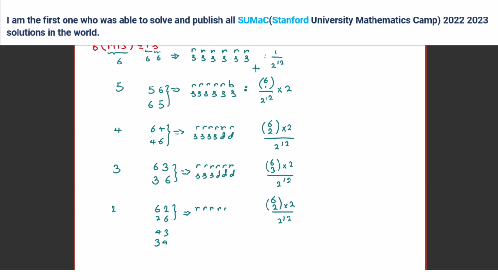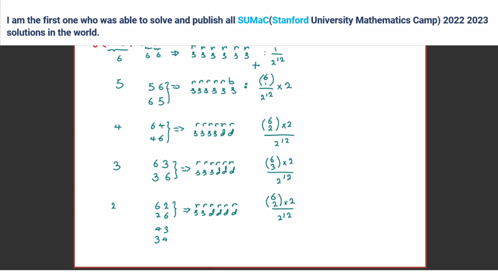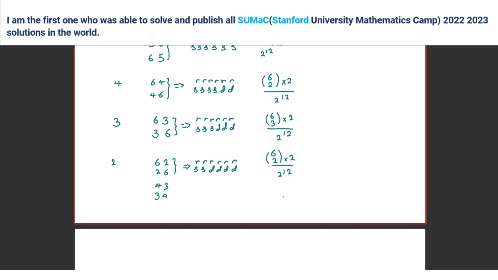That's 1, 2, 3, 4, 5, 6, S, D. What about the next one? 6 factorial over 2 times 2 times... 1 over 2 to the 12 times 2. Okay, so let's write 1 over 2 to the 12 we have again, but times 6 factorial over 4 factorial.